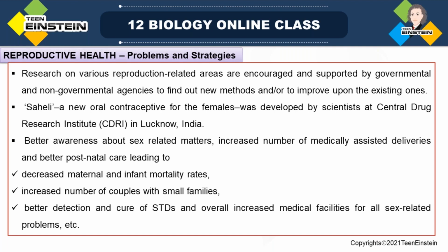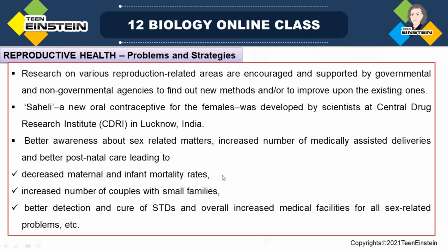Better awareness about sex-related matters, deliveries assisted by a medical group, and best postnatal care, all these things together will decrease the maternal and infant death rate and increase the number of couples with small families, right?